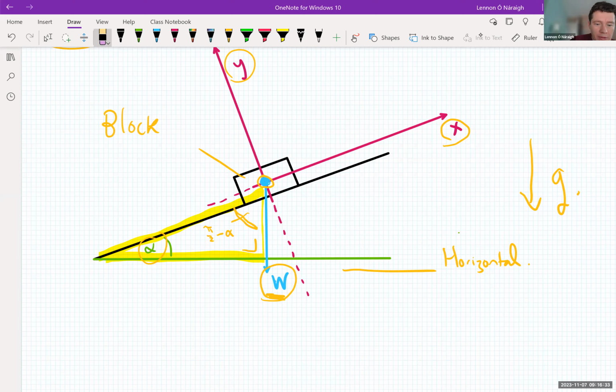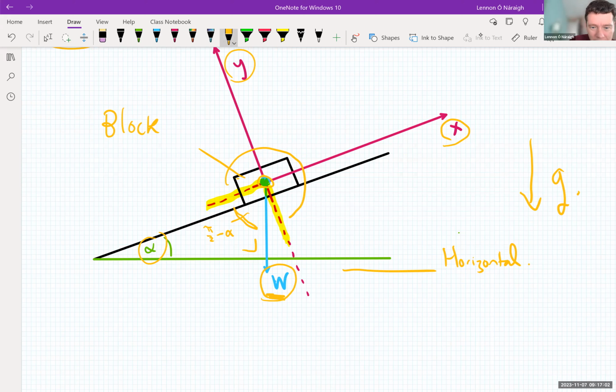Okay. So we're going to try and highlight a different triangle next, or rather a different angle. If we look at this angle here, it's necessarily pi over 2. So this would be the complement.